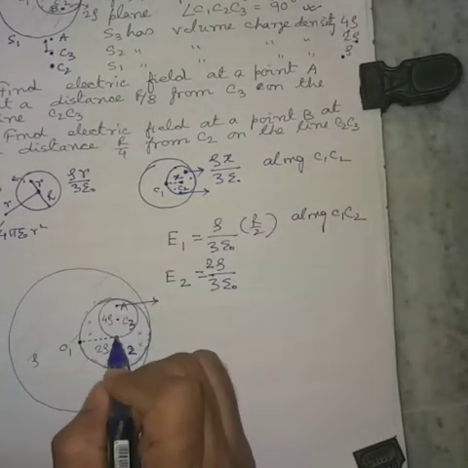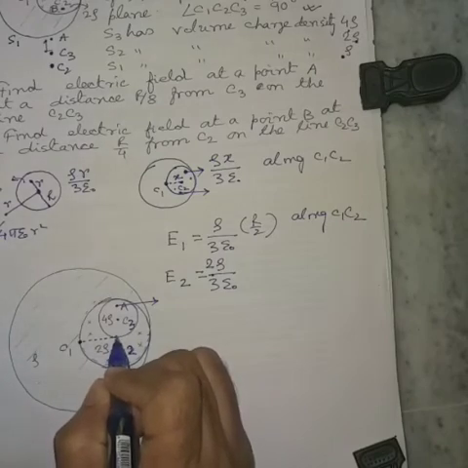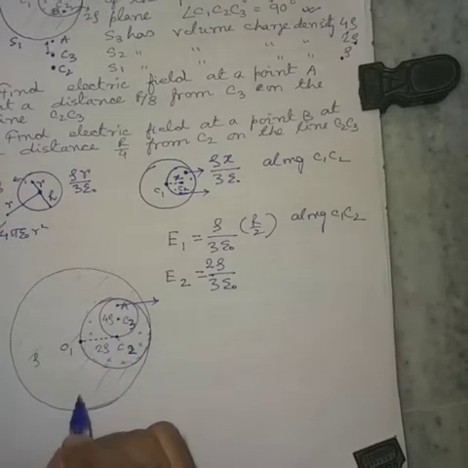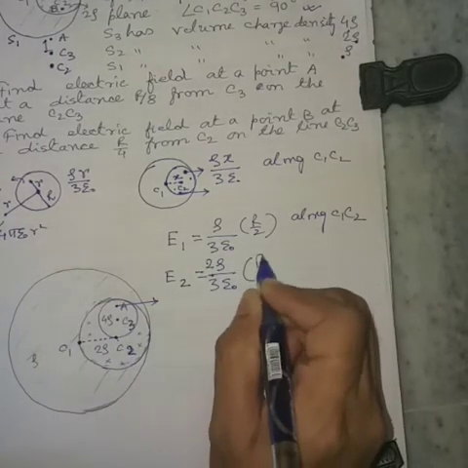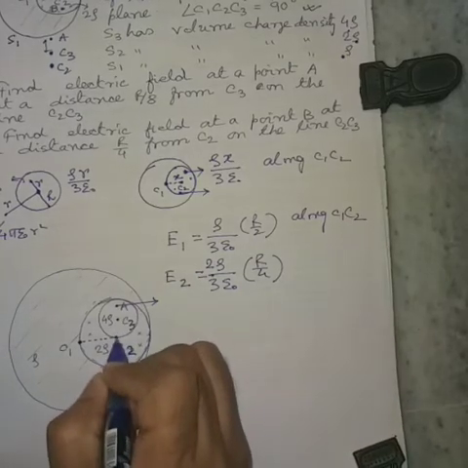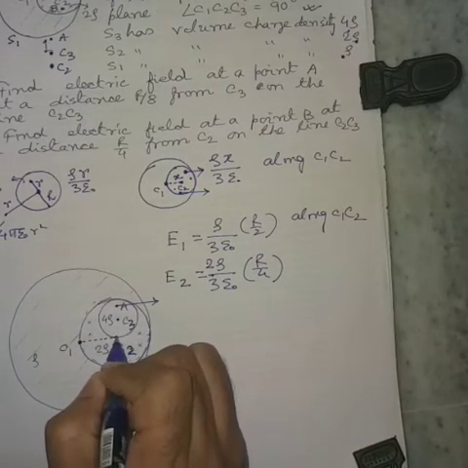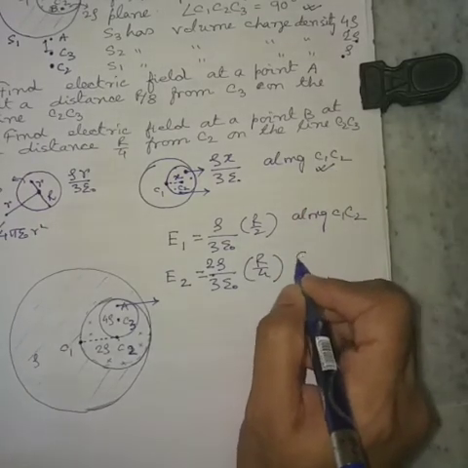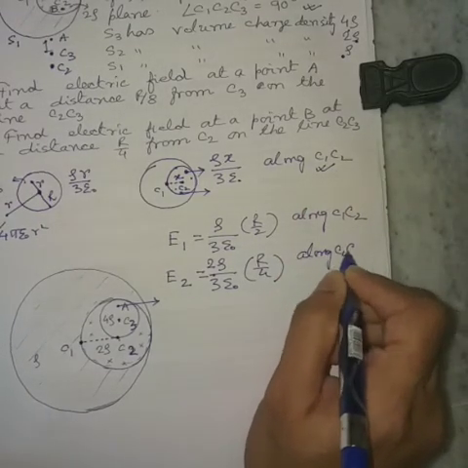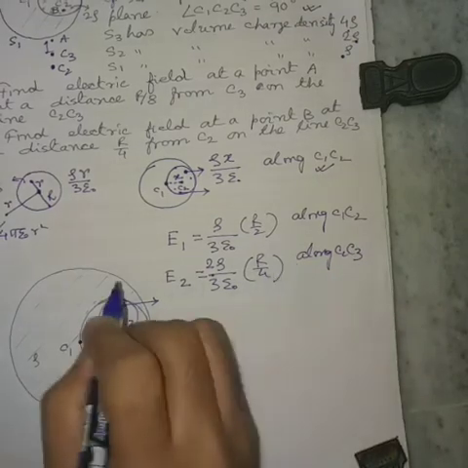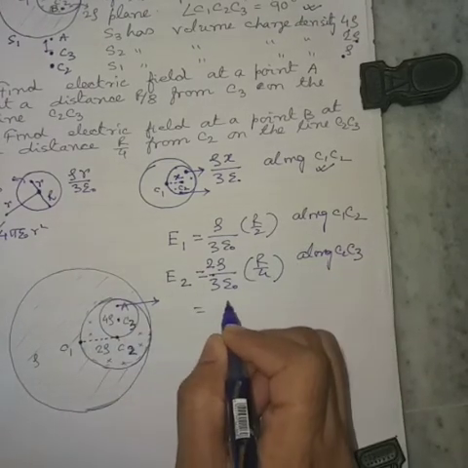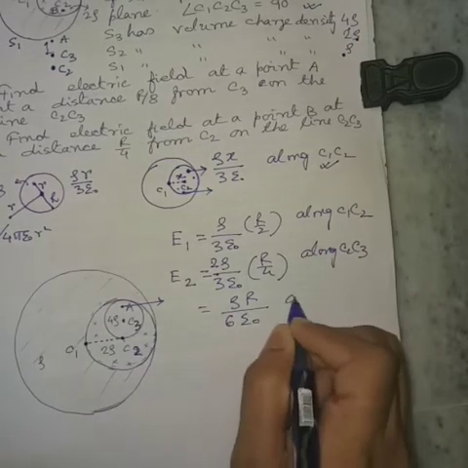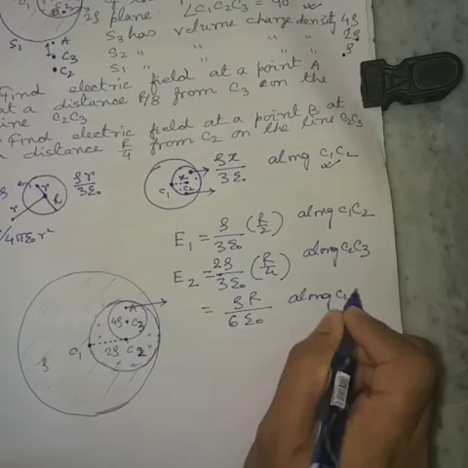The distance between the center of the sphere and the center of the cavity, that is C2 C3, is r by 4. Therefore 2 rho by 3 epsilon naught into r by 4, and this will be along the line joining the center of the sphere and center of the cavity, so along C2 C3. You can simplify it. This will be rho r by 6 epsilon naught along C2 C3.